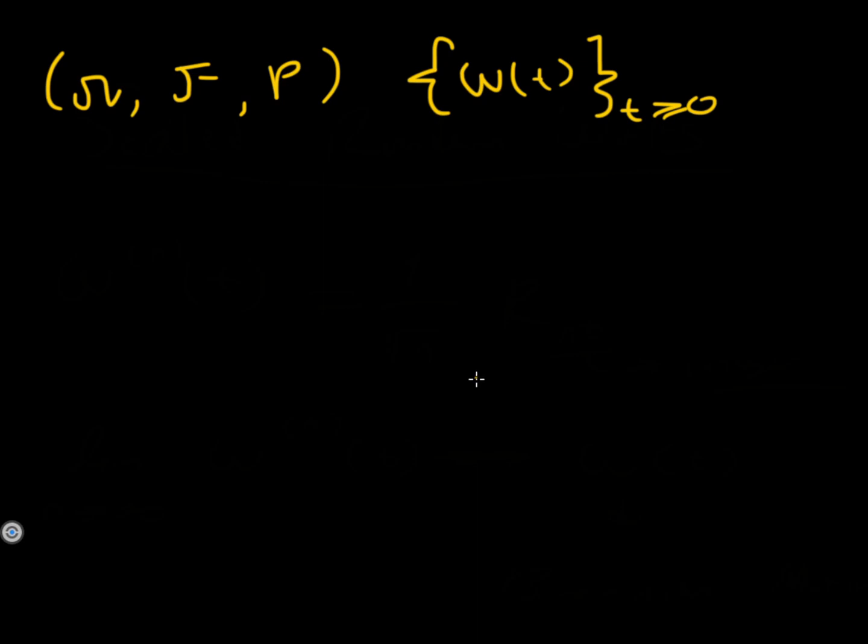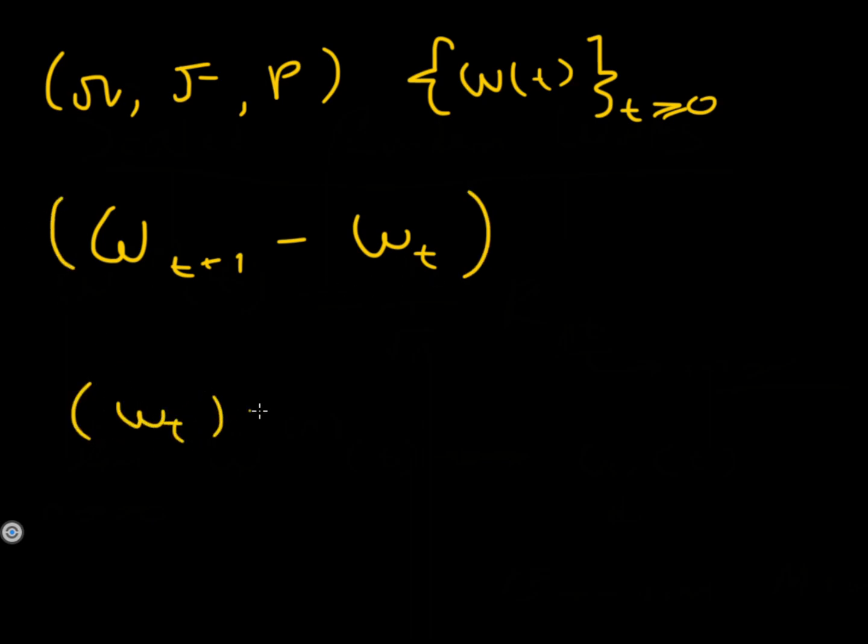And the increments are independent and they tend to a normal distribution. So the thing with Brownian motion is that the increments of the Brownian motion itself are random variables. So W_{t+1} minus W_t are random variables on themselves.